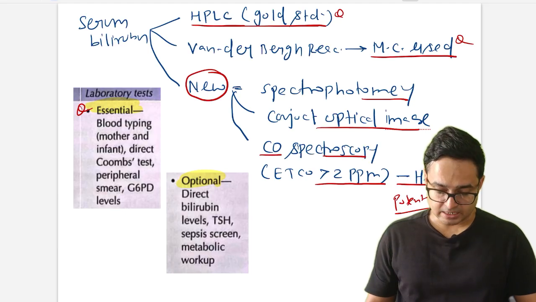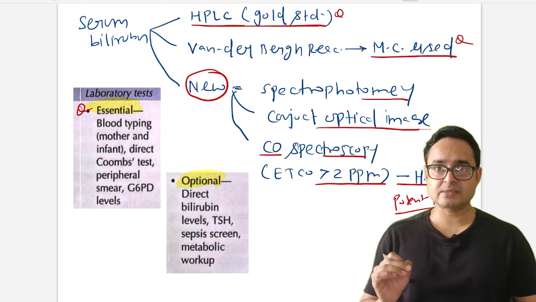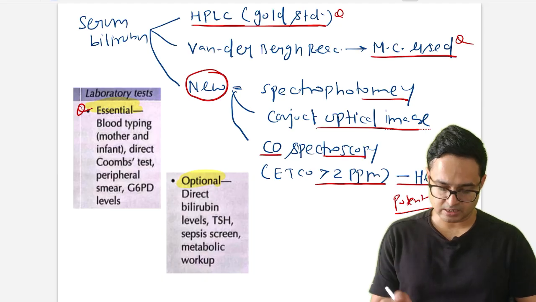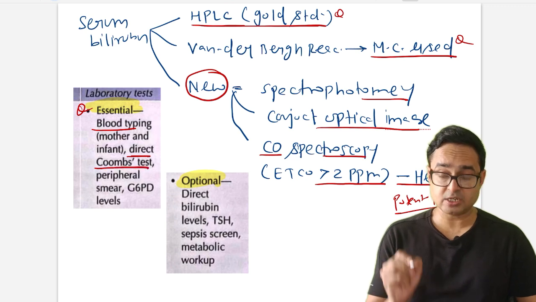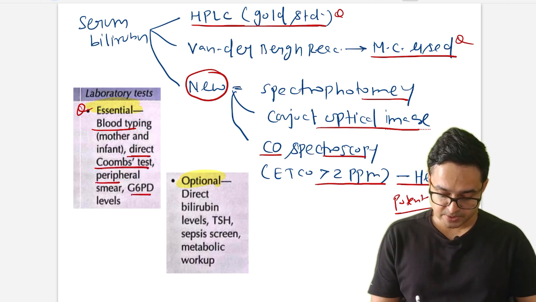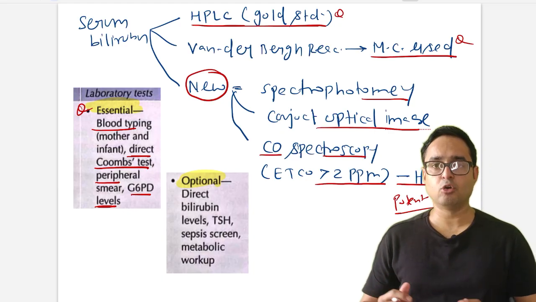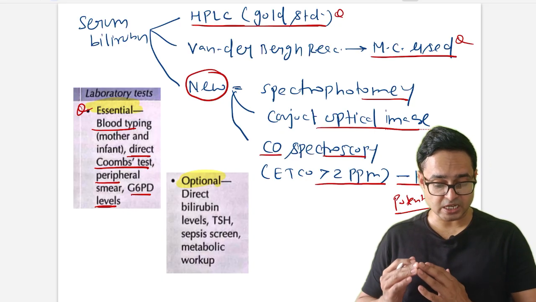So what are the laboratory tests which are essential in a newborn suspected of neonatal jaundice? Blood group, mother and infant, obviously. DCT, direct Coombs test, it is essential, yes. Peripheral smear and G6PD level, very much important. Along with bilirubin, what are the essential tests?